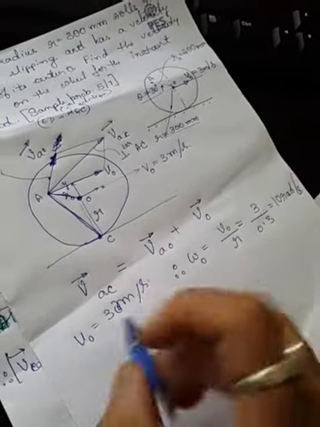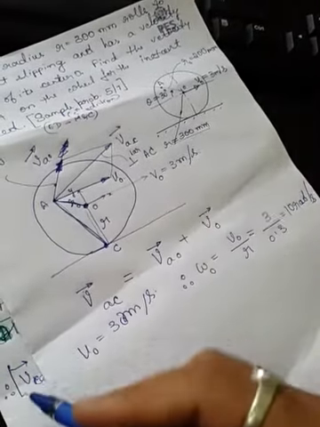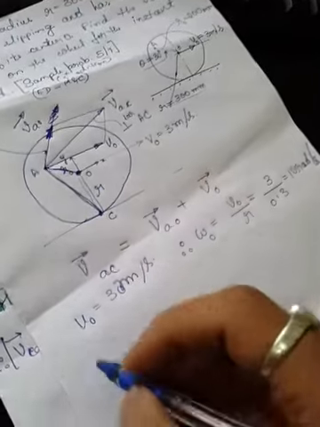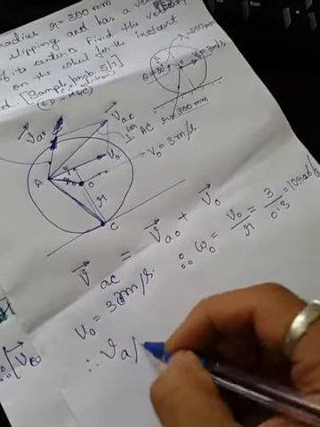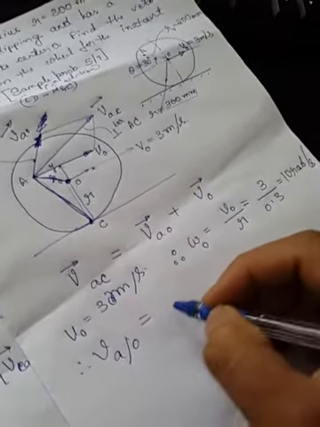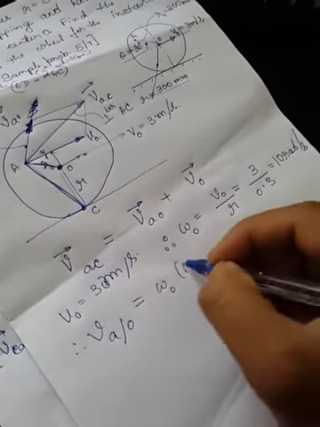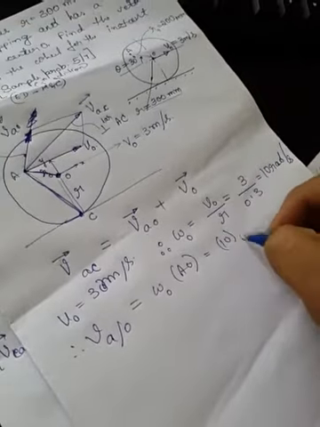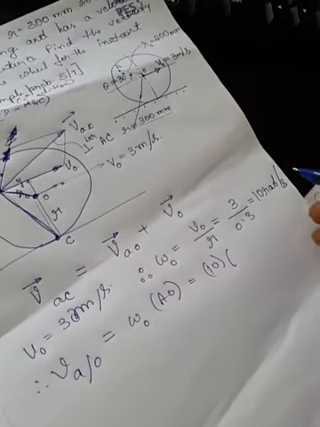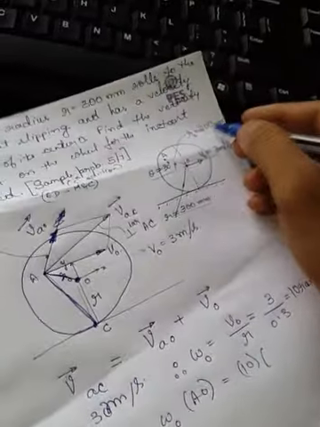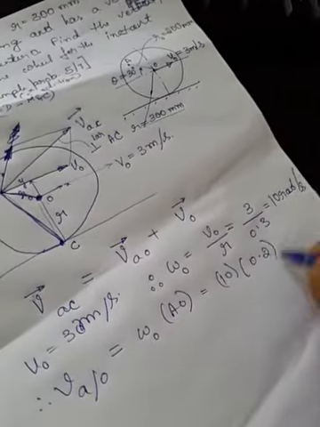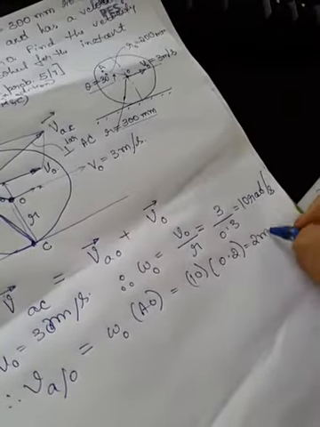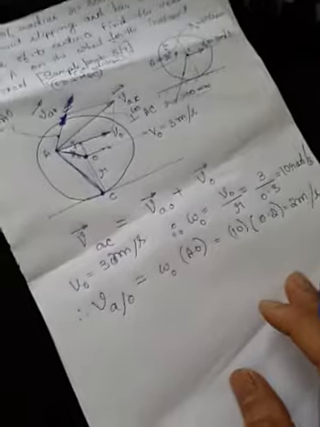From this we find the tangential velocity of A with respect to O. Therefore VAO is omega naught times AO. Omega naught is 10 radians per second, and AO is given to be 200 millimeters, 0.2 meters, which gives us 2 meters per second.